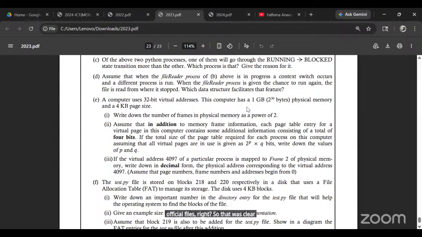A computer uses a 32-bit virtual address. This computer has 1 GB, which they have given as 2 to the power 30 bytes of physical memory, and a 4 KB page size. Write down the number of frames in physical memory as a power of 2.